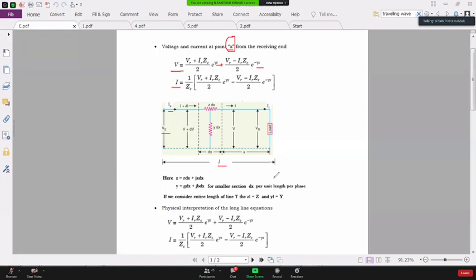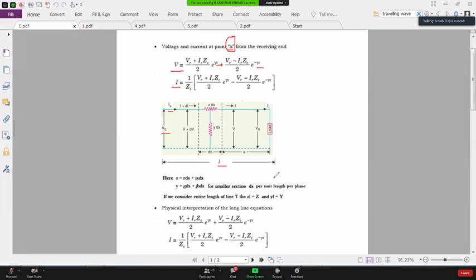Then your equation will become V equal to 1 by 2 (VR plus IR ZC) into e power gamma L plus 1 by 2 (VR minus IR ZC) into e power minus gamma L.